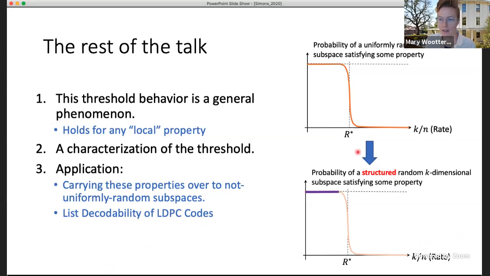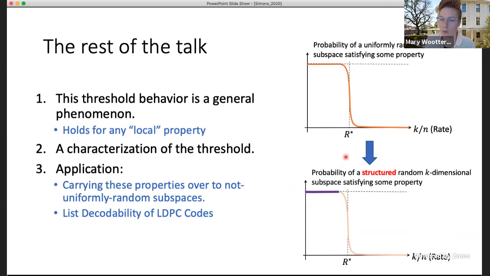But the intuitive punchline is that it's carrying over some of these properties from the uniformly random case to the not uniformly random case. So LDPC codes, which I'll define later in the talk if I have time, give us a very structured ensemble of random subspaces.